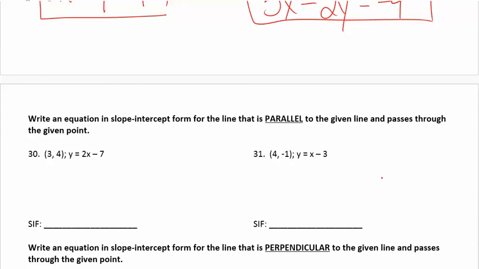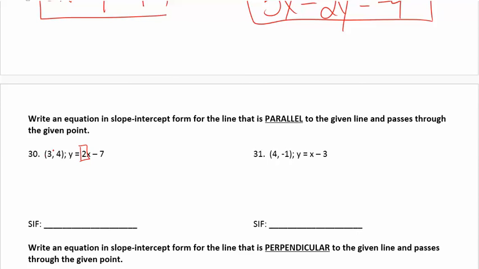Okay, on 30, make sure you're following the directions. We can stop at slope-intercept form here. So we're writing an equation for the line that's parallel to the given line. If it's parallel, remember that means that they have the same slope. So the line that we write for number 30 is also going to have a slope of 2.